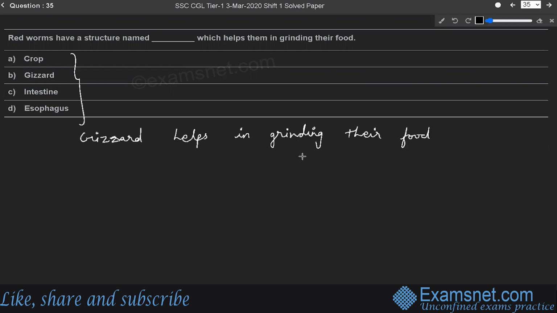Grinding means breaking the food particles into smaller parts. Also, red worms are commonly known as red wrigglers. And these are the earthworms that are employed in vermicomposting.